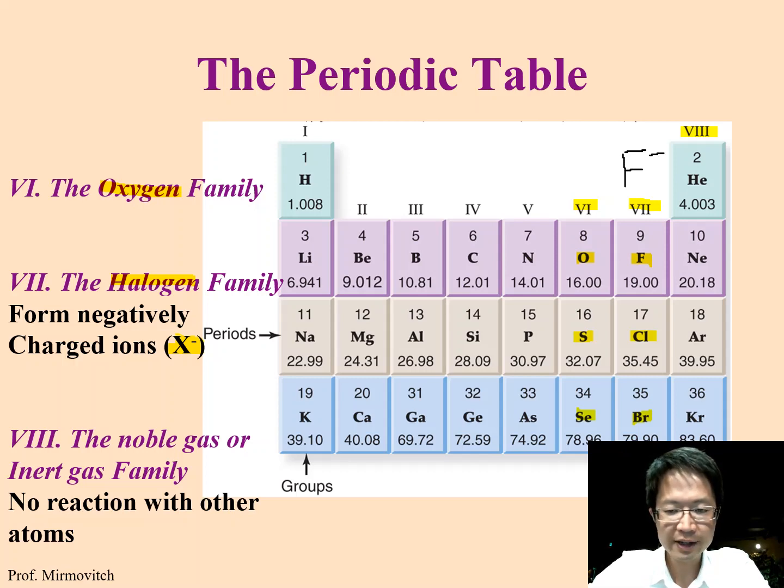When it gains 1 electron, it becomes negative. Oxygen wants to gain 2 electrons, so it will become 2 minus. Nitrogen wants to gain 3 electrons, that's why it becomes 3 minus.